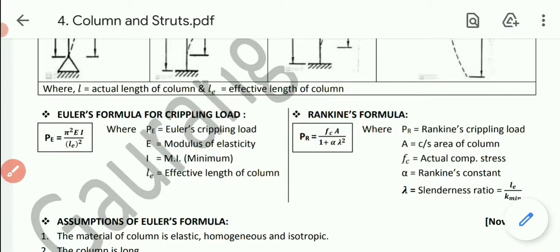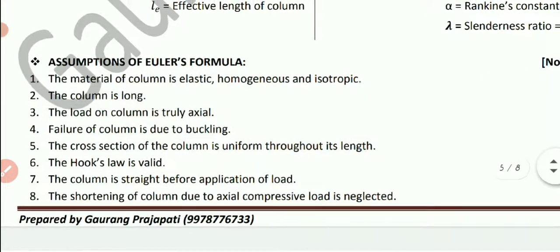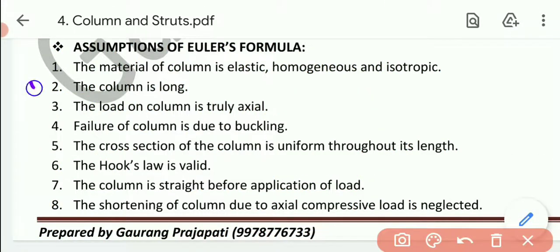And lastly, the last portion of the theory, that is the assumptions of Euler's formula. First, the material of the column is elastic, homogeneous and isotropic. Second, the column is long. Third, the load on the column is truly axial. Fourth, failure of the column is due to buckling.